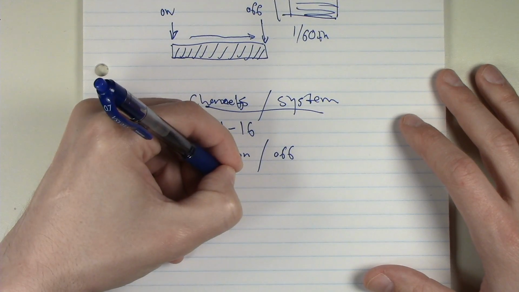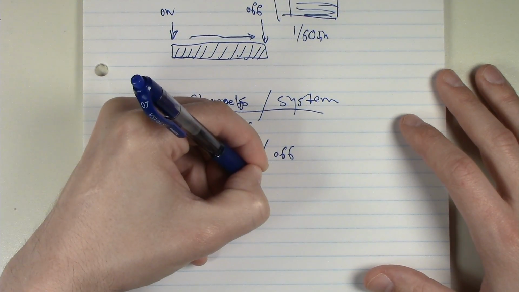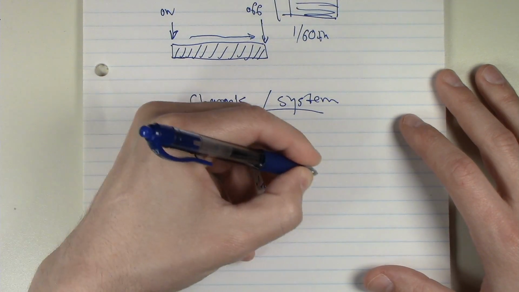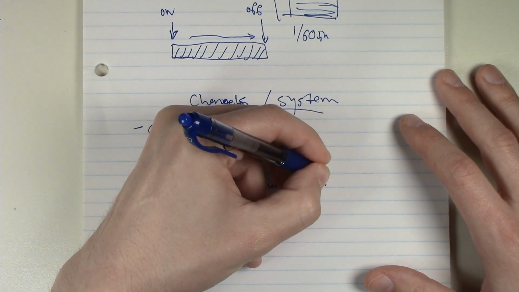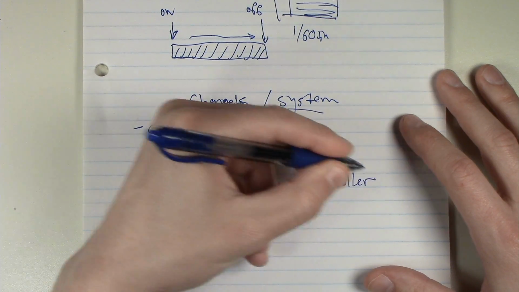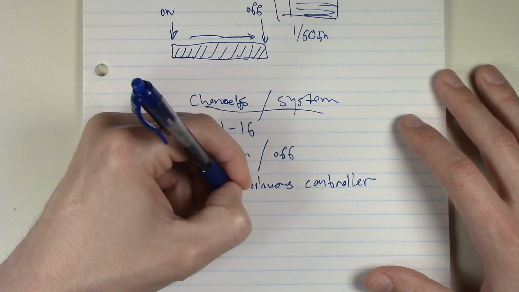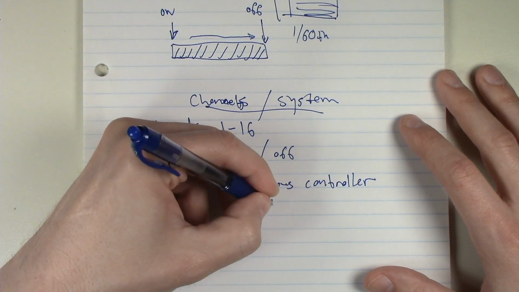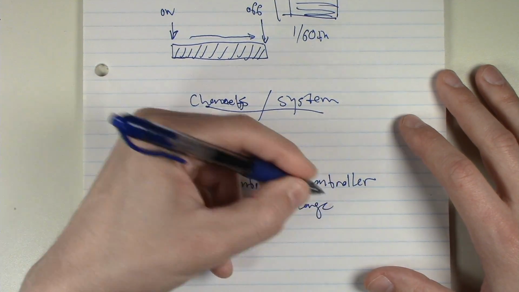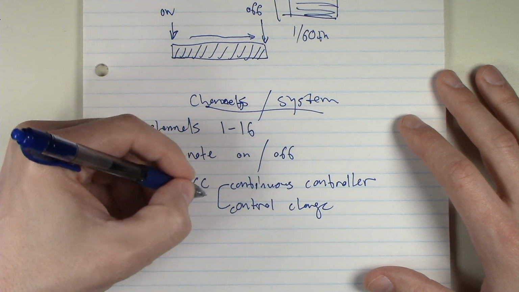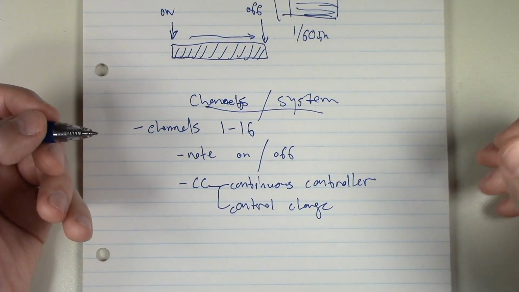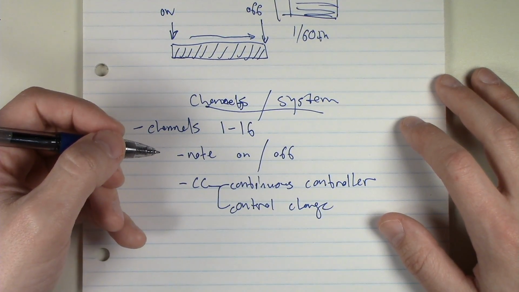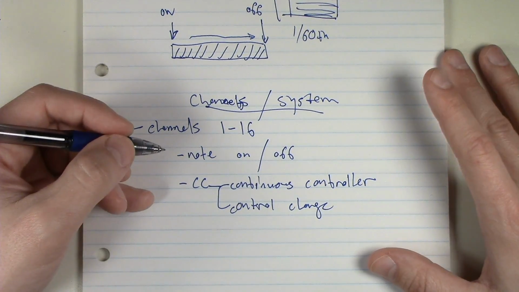CCs, or continuous controllers, sometimes it's called. The correct name is control change, I believe. Those are basically one and the same. That's basically knobs. The damper pedal, if you are playing like a piano.